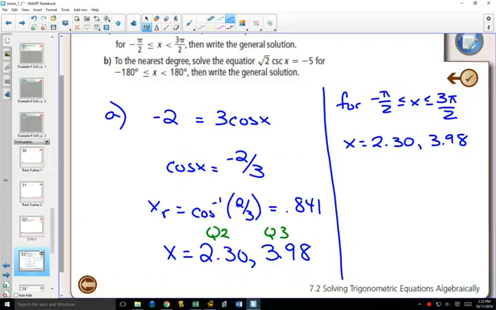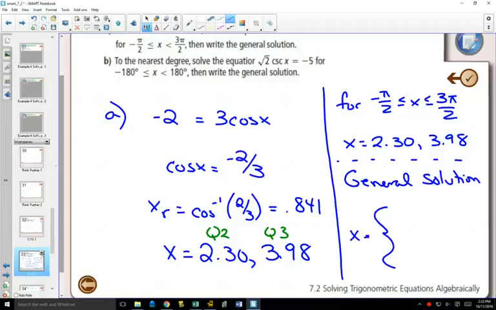Now, for our general solution, remember our general solution, once we find our answers between 0 and 2 pi, and those are our two answers that we found between 0 and 2 pi, we can just add 2k pi to each of them.